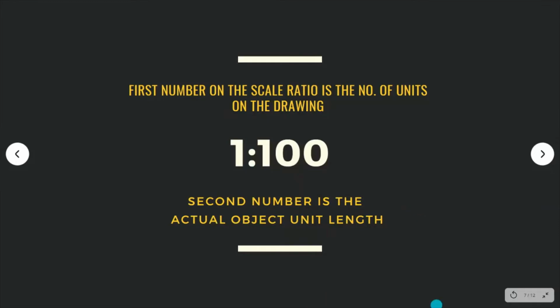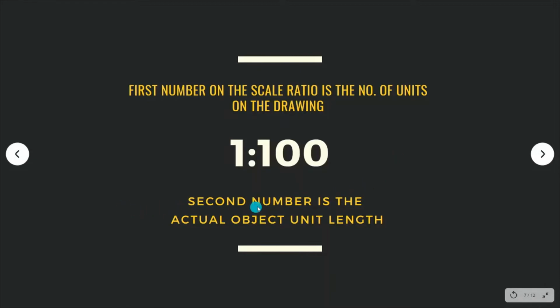So you could say 1 unit in the drawing is equal to 100 units in real life. So example na kay 1 meter nga drawing, kung 1:100 na siya, kanang 1 meter kung imong imagine sa actual or sa real life or sa object na imong ibutang, 100 meters na ang length ana niya. Okay?